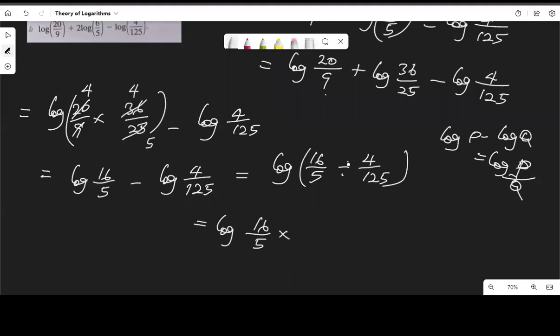When we divide by fraction, the sign of division will change. Then we multiply this by the reciprocal of this. I have 125 over 4. 4 here 1, 4 here 4. 5 here 1, 5 here 25. I have log 5 times 25 is 100, and log 100 is 2. So our answer is 2 there.